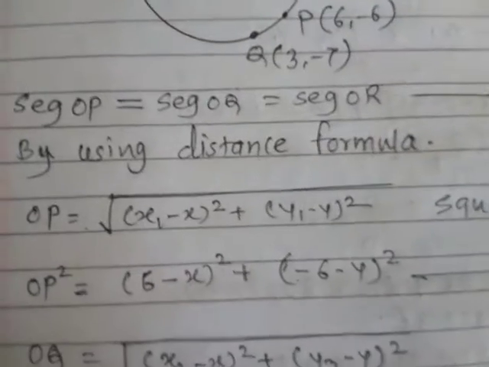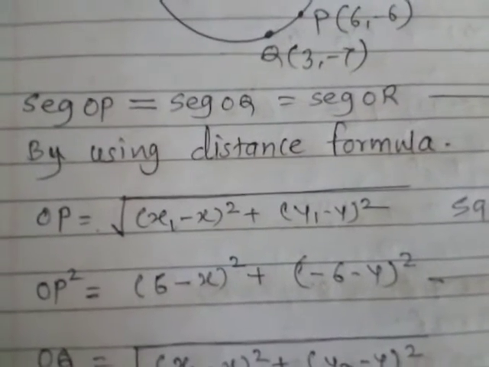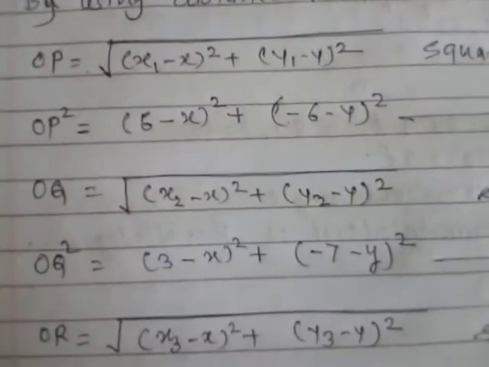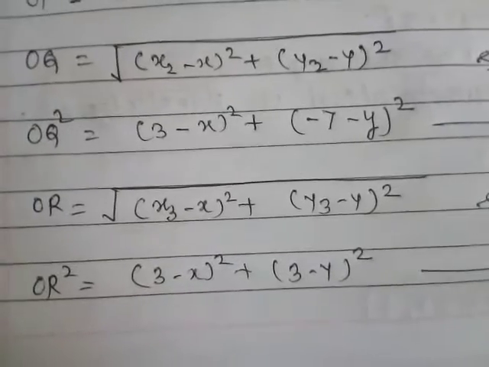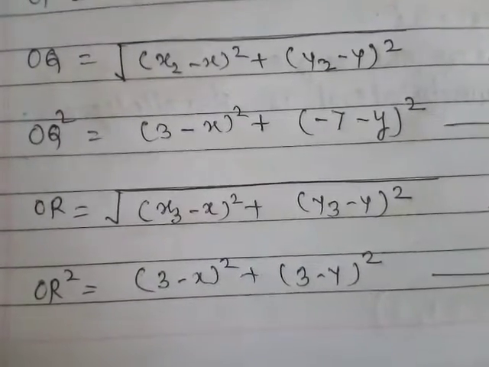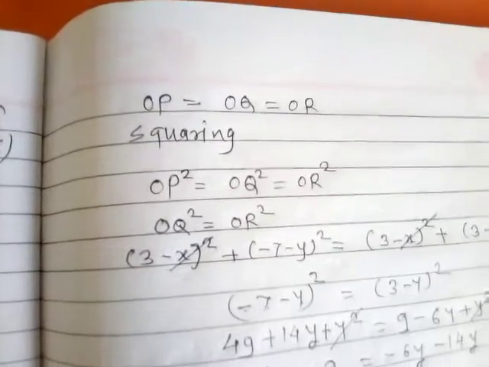Squaring, we get OP square is equal to (6 minus x) whole square plus (minus 6 minus y) whole square. Next we have to consider OQ, and after that OR, and we get the values of OP square, OQ square and OR square. If OP is equal to OQ is equal to OR, then squaring we get OP square is equal to OQ square is equal to OR square.